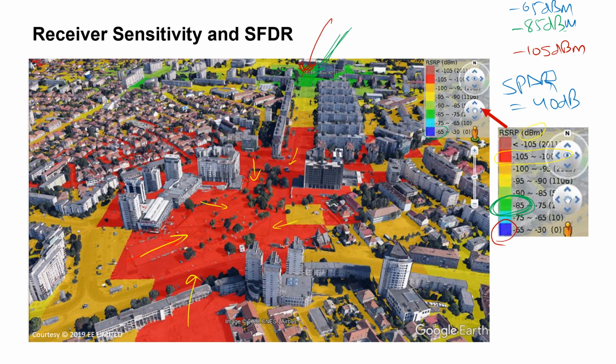And if a signal is very high, that is at minus 65 dBm level, then still my receiver will be able to get enough signal without getting interference from a neighboring base station. So that is also extremely important, that the neighboring channels should not interfere with my signal.